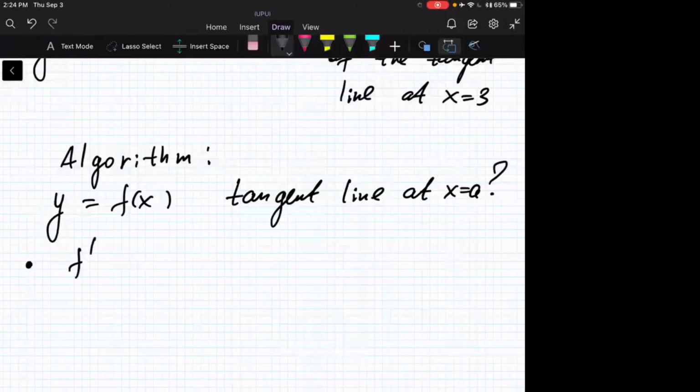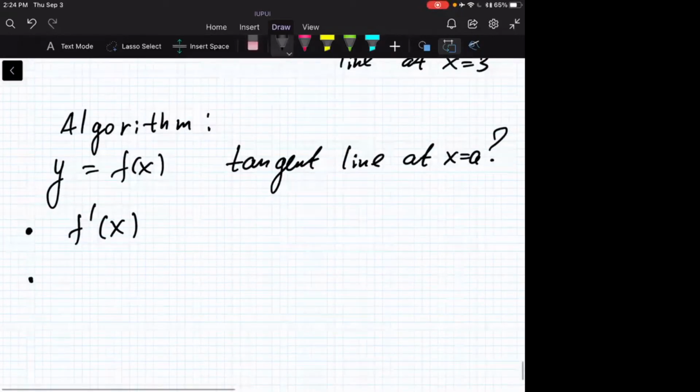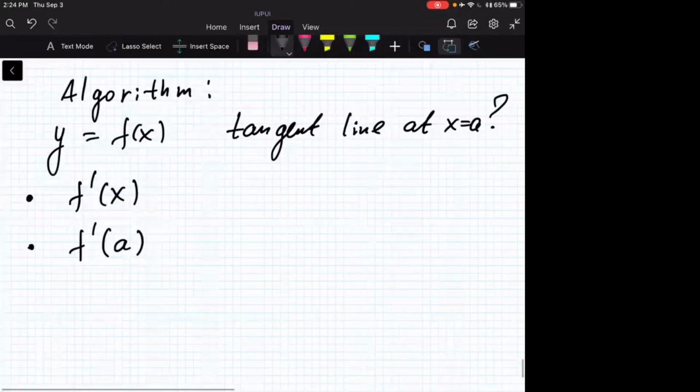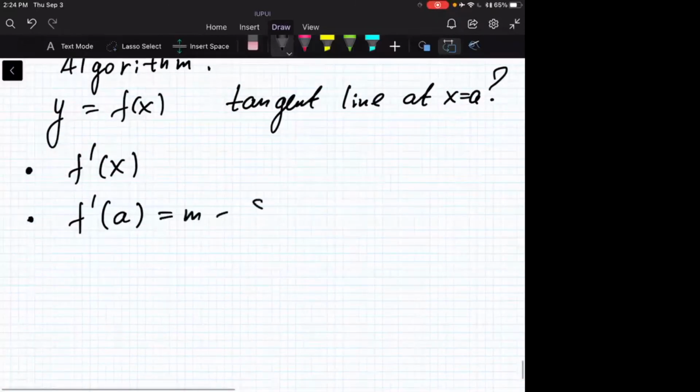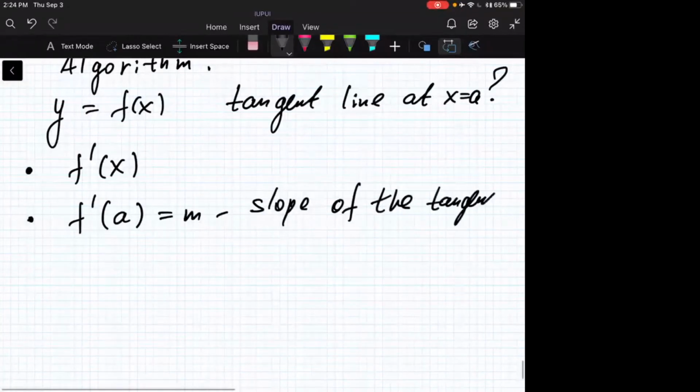And so first, you need to calculate the derivative of the equation of your function. Then you should evaluate it at the given point, and that will be m, which is the slope of the tangent line.